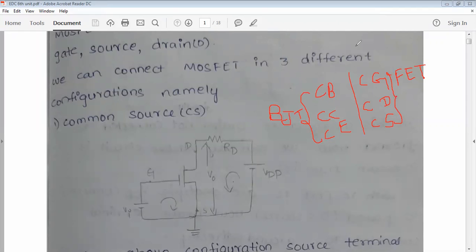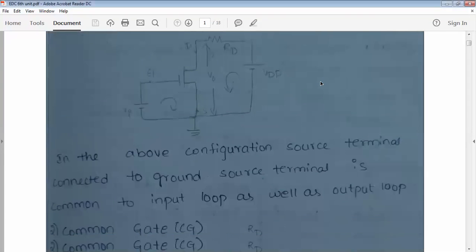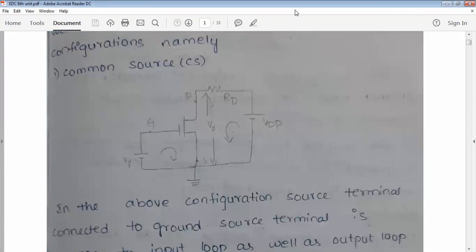Now we discuss the first configuration, the common source configuration. Observe here, this is the FET, whose terminals are drain, gate, and source. The source terminal is directly connected to ground. When we apply KVL to the input loop and to the output loop, the source terminal is common to both.